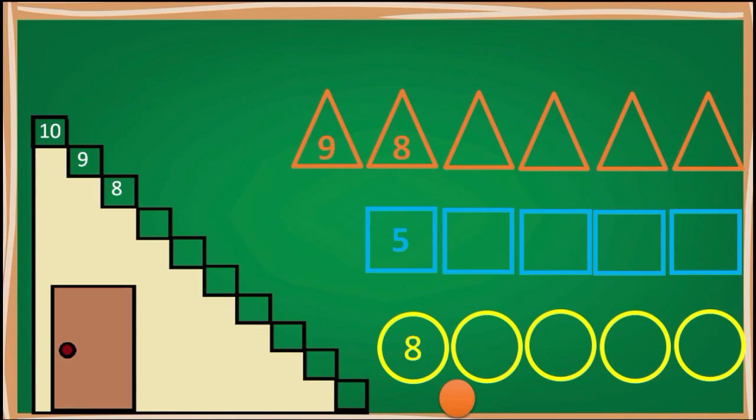So what will be the next backward counting? Number 7. Very good. Okay children, remember we are doing backward counting. Now complete the next two shapes, square and circle, by writing backward counting from the given number.